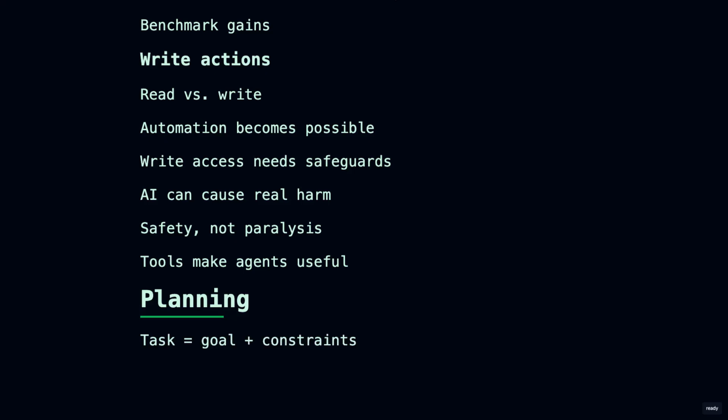A task is defined by what you want to achieve and what limits you have to respect. For example, a trip planning task has a destination and duration as the goal and a budget as a constraint.